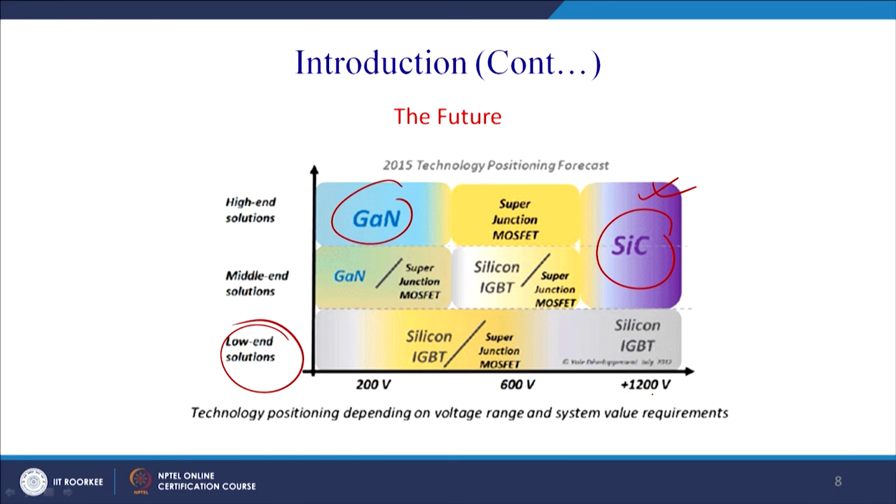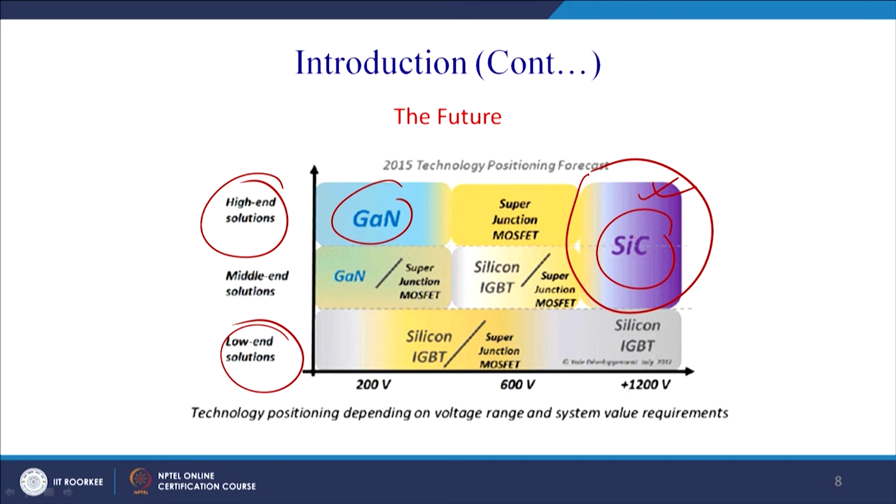And these are the high end solutions. Ultimately, current can be put on the y axis, and that becomes power. So, you can see that silicon carbide is taking a whole set of high end solutions, which can handle a large amount of voltage.